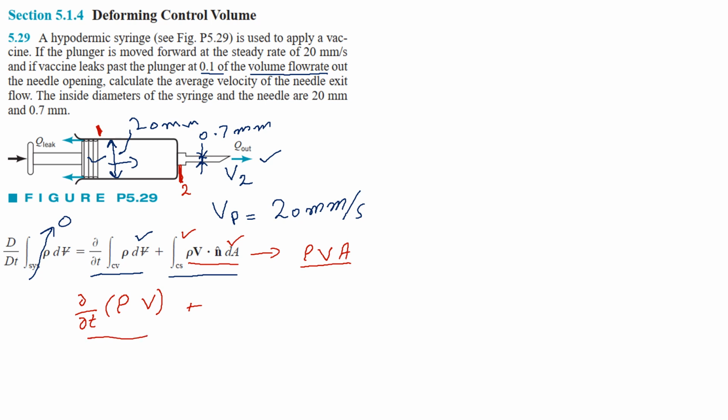So this is what I'm going to get when I integrate this, rho VA, and now I'm going to write this rho VA for section 1 and section 2 because these are my two control surfaces.